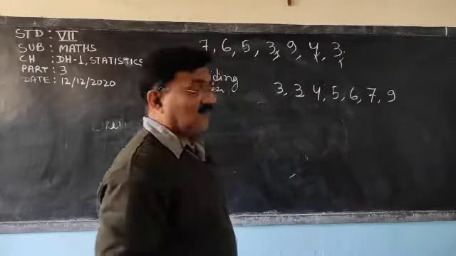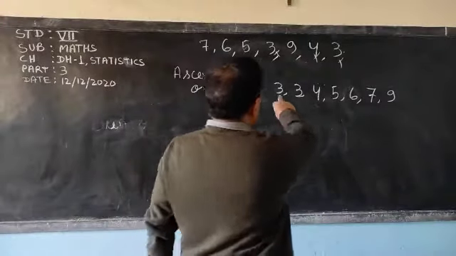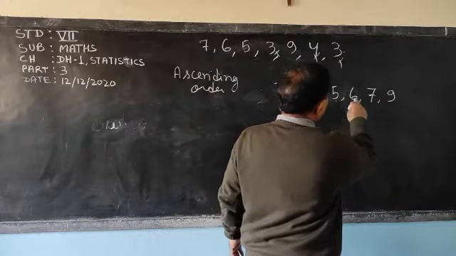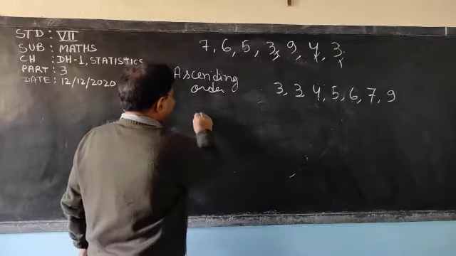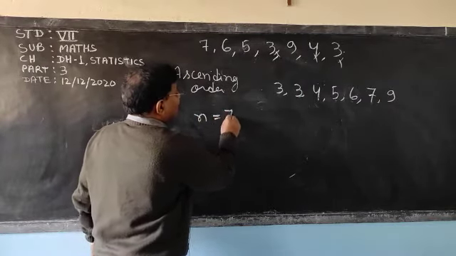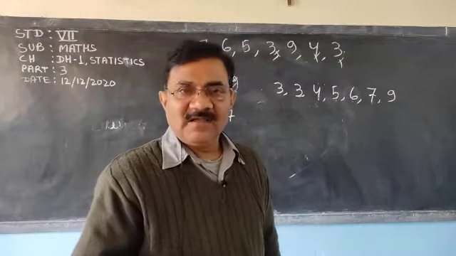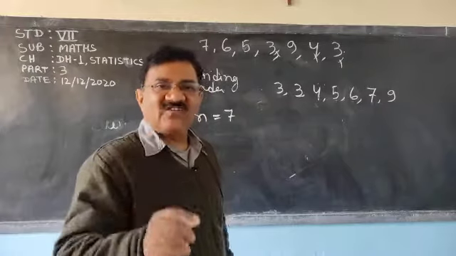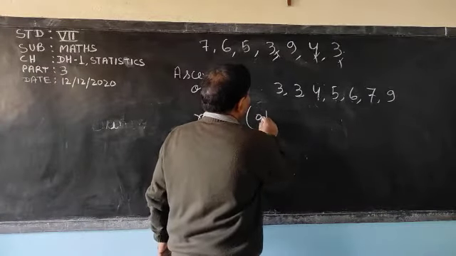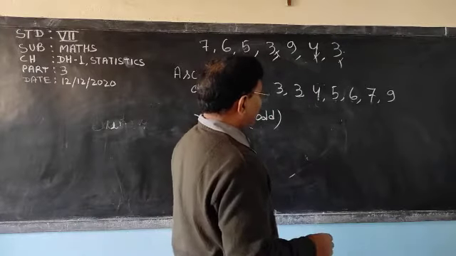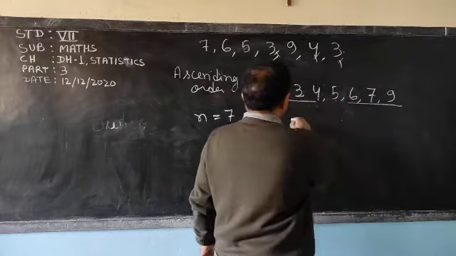Now, find the total number. How many are there? 1, 2, 3, 4, 5, 6, 7. So, number n is equal to 7. N, total number, it is 7. So, is it odd or even? 7 is odd. By seeing only, you can find 3 this side, 3 this side, and the median will be 5.